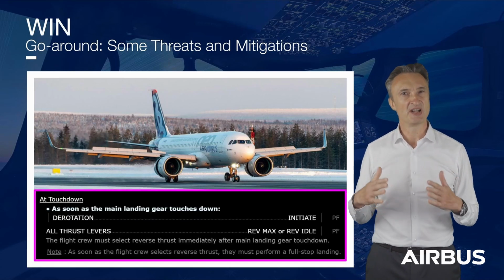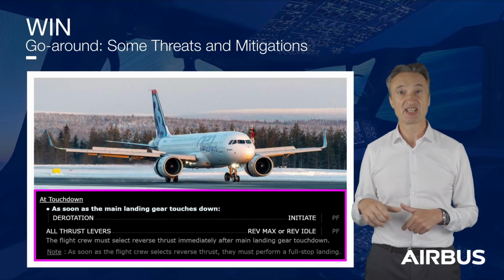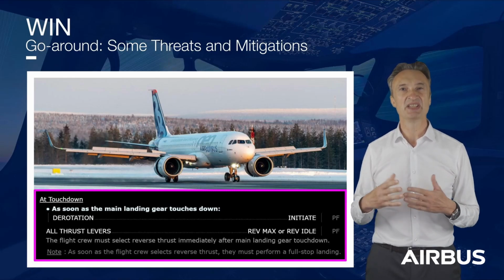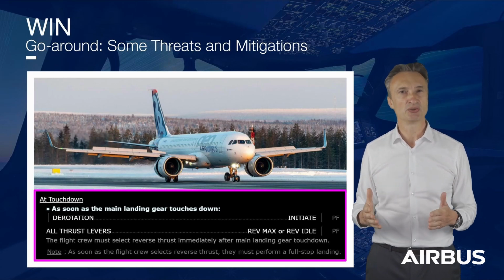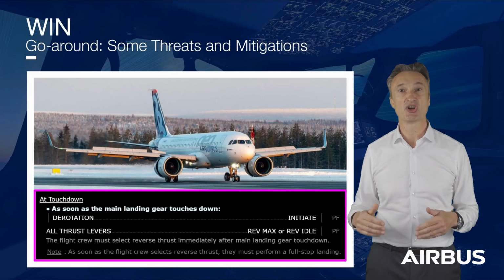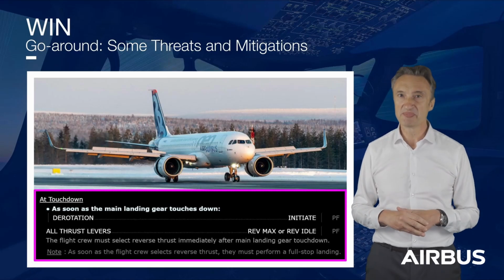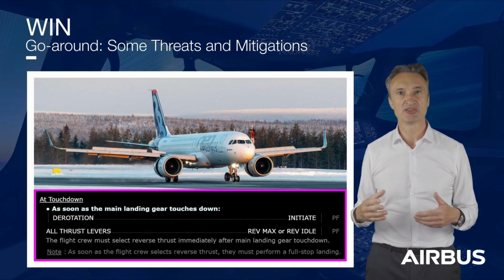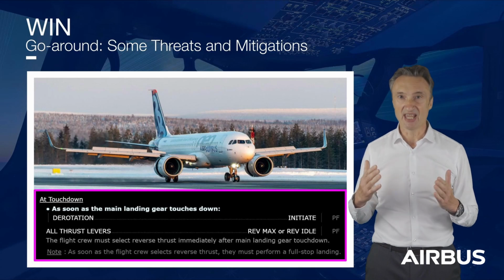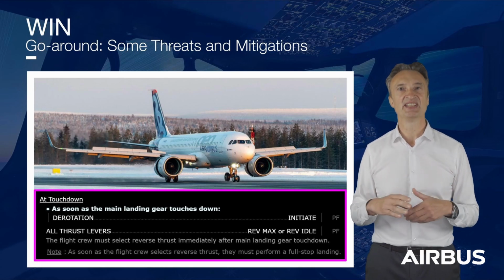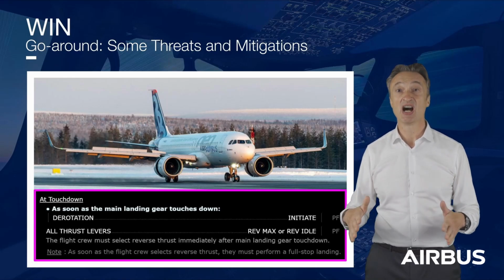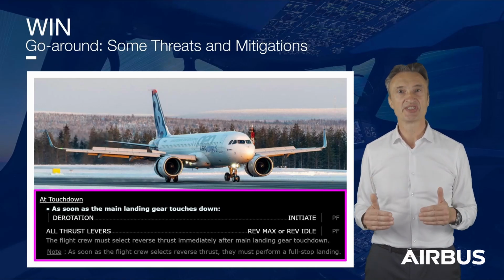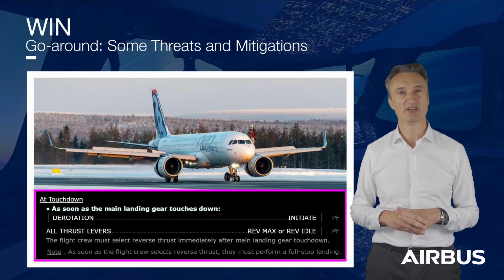The SOP for landing requires the flight crew to select thrust reverser immediately after landing gear touchdown. This ensures appropriate deployment of the reverser for optimum aircraft deceleration on landing. The FCOM and FCTM also explain that as soon as reversers are selected, a full stop landing must be performed.